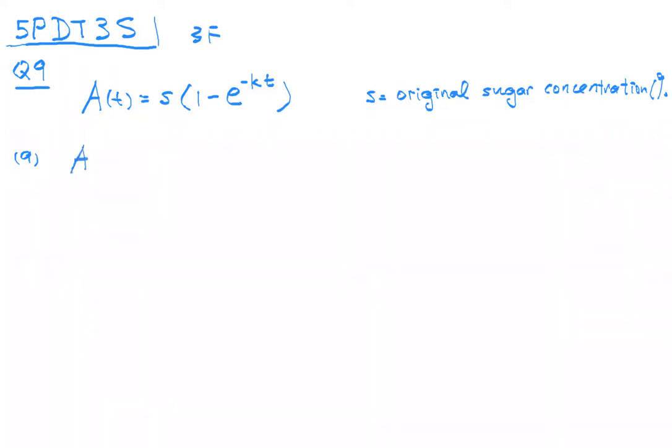So you have to substitute in. Anything times 0, you will get 0. E to the power of 0 is 1, so this will be S times (1 minus 1). So you get 0.